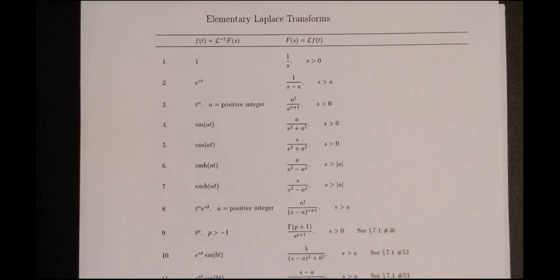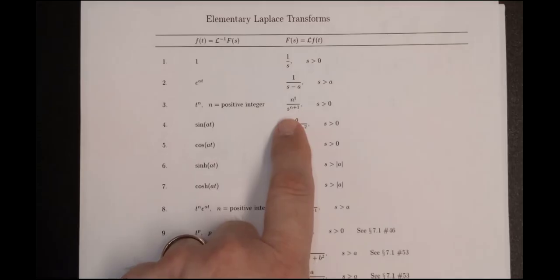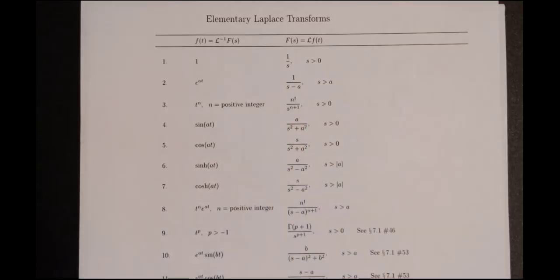We want 5 over s squared plus 49. Cody? Yeah, the sine there. But wait a minute. When I do sine of at, it's a over s squared plus a squared. If we have s squared plus 49, what's a? Oh, crap. I got a 5 on top, not a 7.